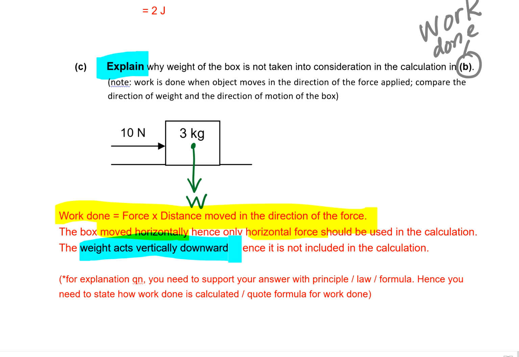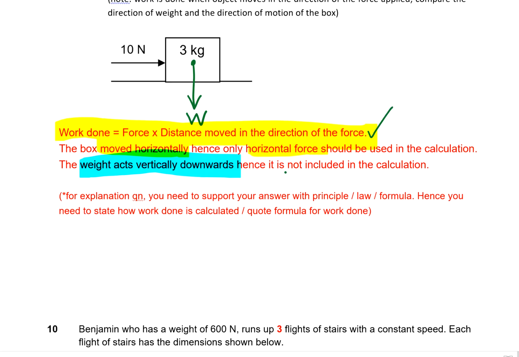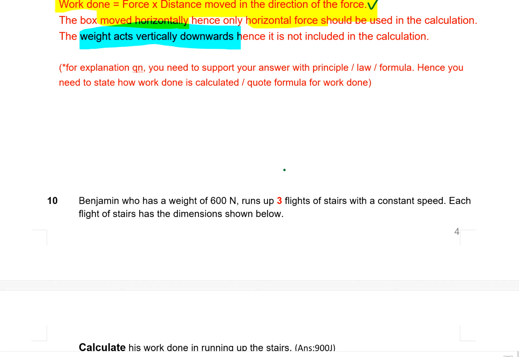Okay, so in this case, it is a must for you to write down the work done formula. You either write it down or you can also just explain it in statement form, that work done is calculated by multiplying force and the distance moved in the direction of the force. It's up to you. Okay, so let's carry on.